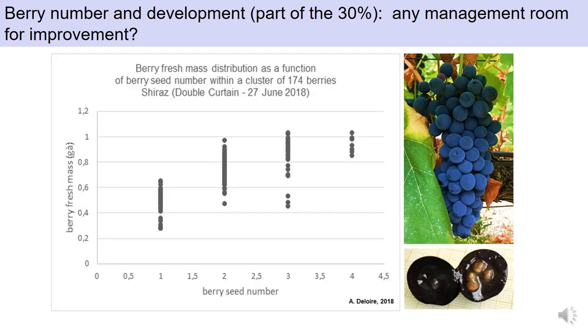We all know that the seed number is important for the volume of the fruit, but it's not a linear relation, meaning that you can have the same berry fresh mass for berries having 1, 2, or 3 seeds, and this is just showing the important effect of other factors as water, nitrogen, cell numbers, we don't really know about that one, etc.